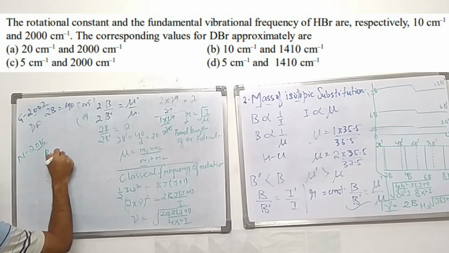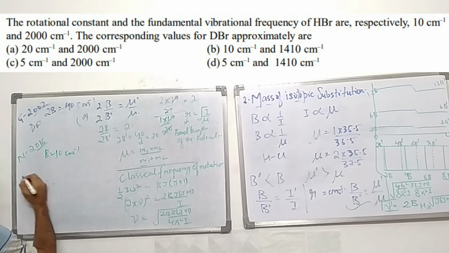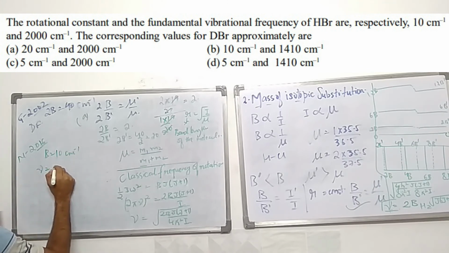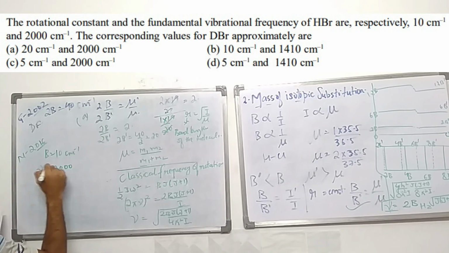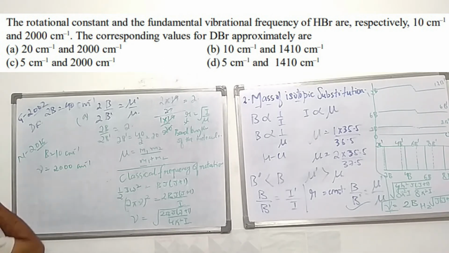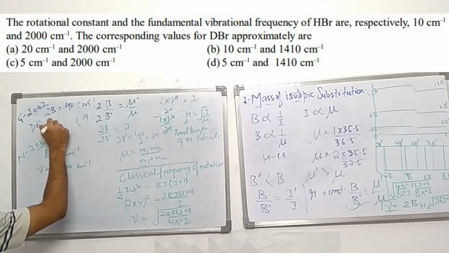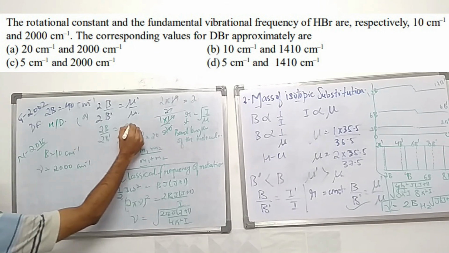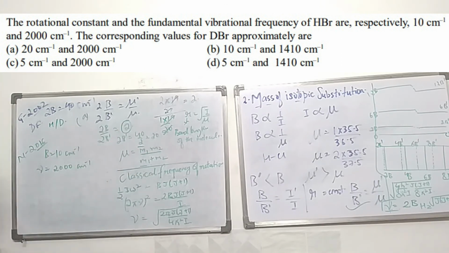So you have been given the rotational constant and the fundamental vibrational frequency, that means mu is equal to 2000 centimeter inverse. And you have been asked to find the corresponding values for DBr. Now we saw in case of substitution of hydrogen by deuterium, it simply gets divided by 2. So we can directly do this for B. B dash will be 5.